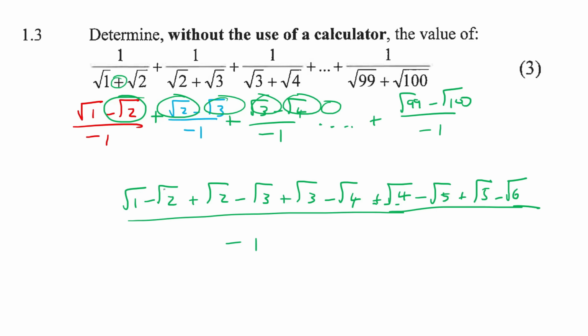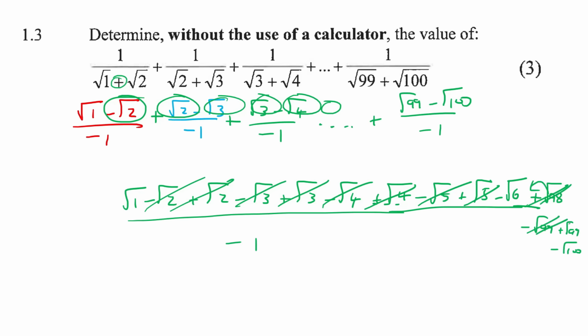And so what we can see is that these are going to cancel because the ones are plus and the ones are minus. These are going to cancel. They're all going to cancel. At the end, you would have eventually had plus square root 98 minus square root 99 plus square root 99 minus square root 100. So the 98 would have cancelled with the previous 98, the 99s would have cancelled, and you would have been left with that.